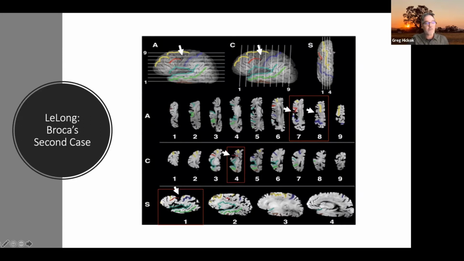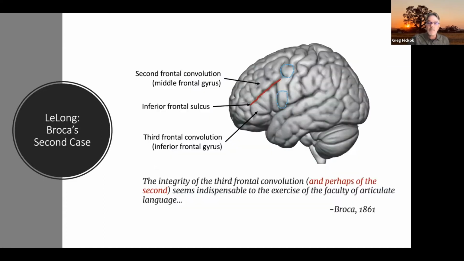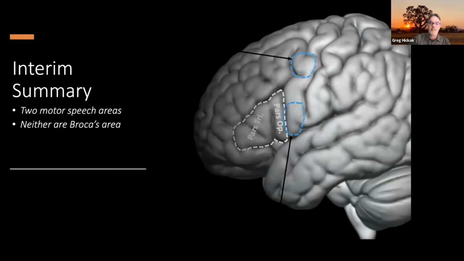This dorsal premotor speech area seemed to be affected, and interestingly, Broca noticed this. He said, the integrity of the third frontal convolution, that's what we call the inferior frontal gyrus today, and perhaps of the second, that's the middle frontal gyrus today, seems indispensable to the exercise of the faculty of articulate language. So Broca was potentially onto this much earlier.